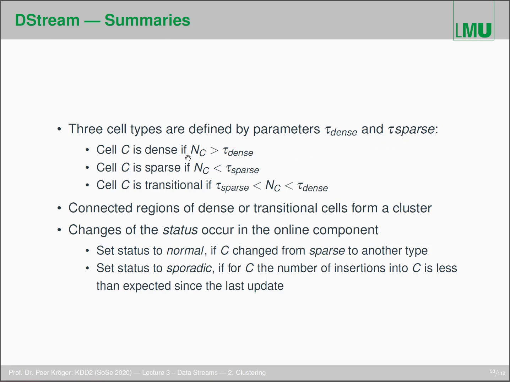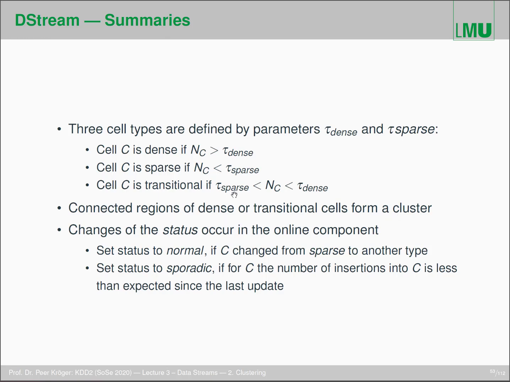A cell is dense if the number of points in the cell is greater than the dense threshold. It is sparse, so an outlier, if it's smaller than the sparse threshold, and if it's in between, it's in transition from sparse to dense, or vice versa. So it's marked transitional. And connected regions of dense or transitional cells form a cluster.